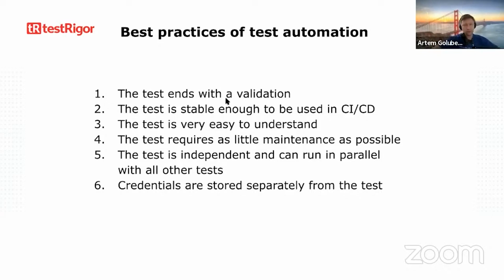Then the test should be stable enough to be used in CI/CD. This is the whole point of building automation, that it can be run in CI/CD, meaning you can retest everything and it will get you correct results. If the test succeeds, there are no issues. If the test fails, there is an issue.